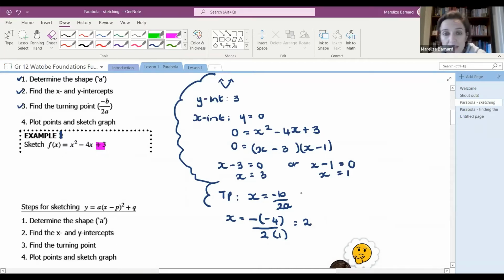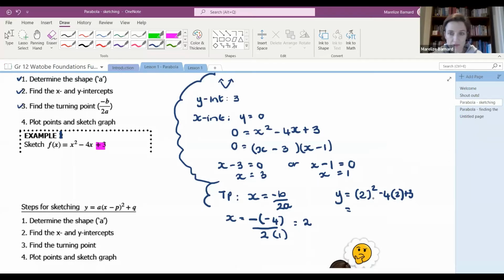The y coordinate is easily found by just subbing it into our equation. So I'm going to sub in x equal to 2 into our equation of the parabola. Okay, so that gives me 4 minus 8 plus 3.